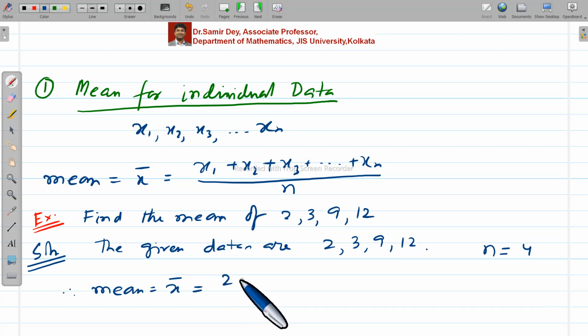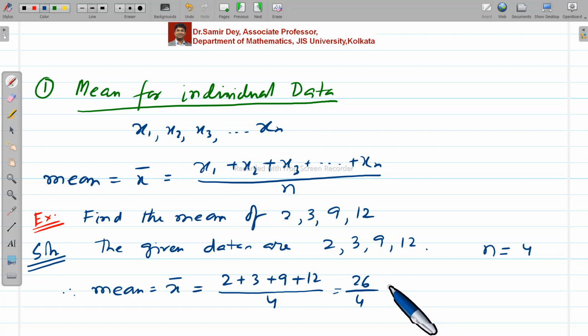So please write down (2 + 3 + 9 + 12) divided by 4. I am using this formula. If I simplify, it is coming 26 by 4. Ultimately it is coming 6.5. Is it clear?